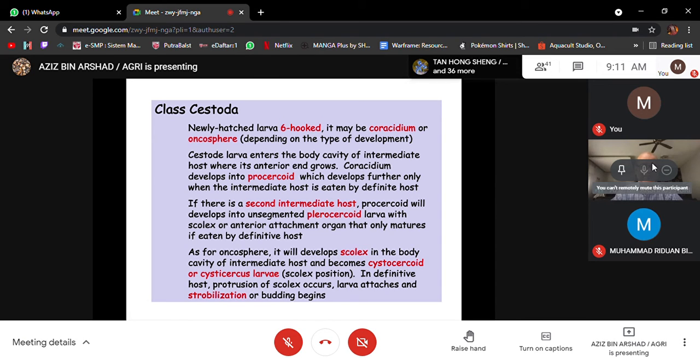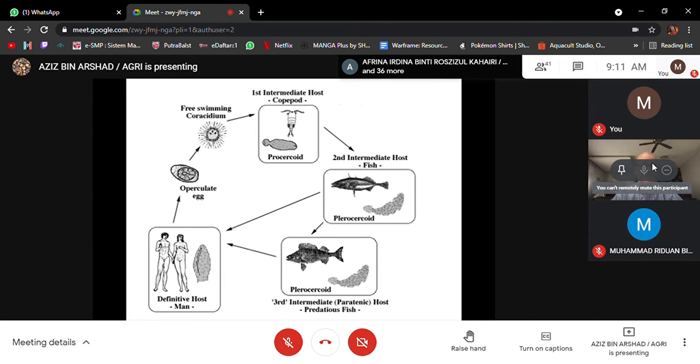Coracidium will develop into procercoid, and in the second intermediate host becomes plerocercoid, and the formation of the larvae into the adults happens. I don't want to go into detail on that. You just read once of this. So in fish also, it can be the intermediate host for the tapeworm. As what you see in Ligula earlier, it can happen.